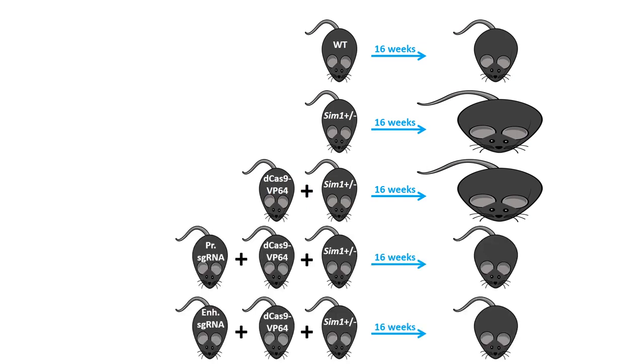We then made mice on another locus that either have a promoter guide for SIM1 or an enhancer guide for SIM1, and mate all three lines together in the hope that having all three now will reduce the body weight of these mice.